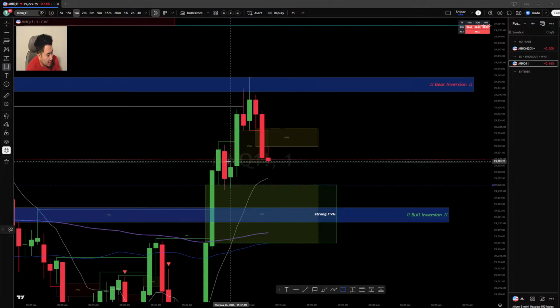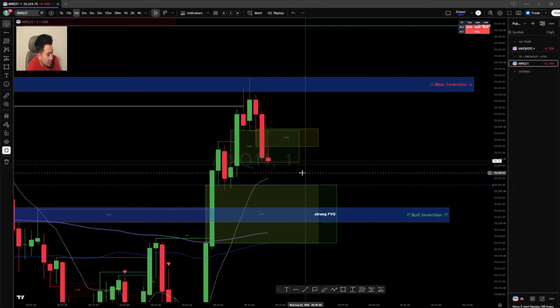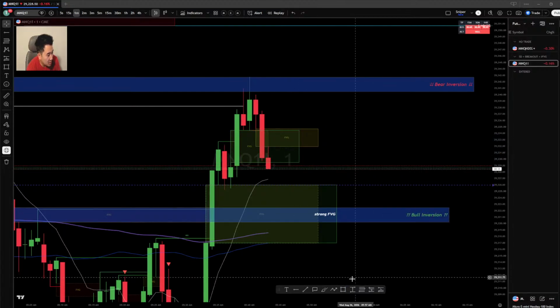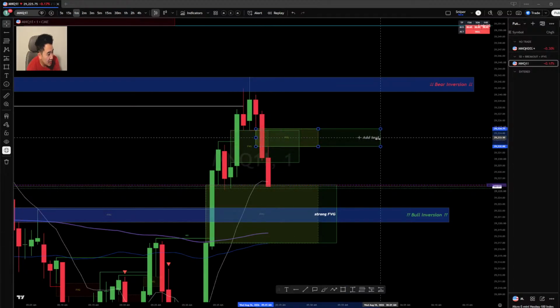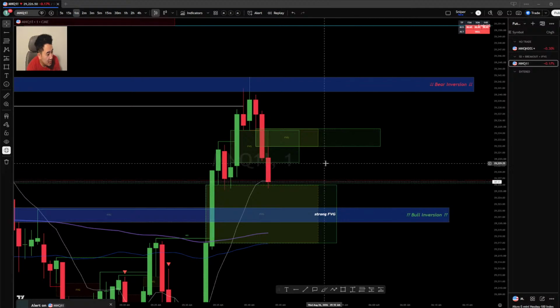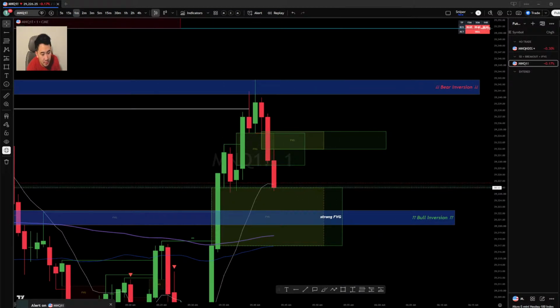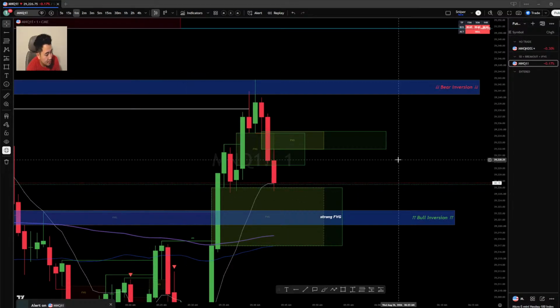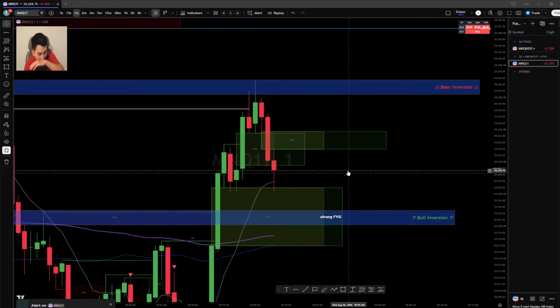You have this bullish FVG right here, right? That may possibly become a bearish inversion on top of this bearish FVG right here, if it closes over it. Let's see what happens.